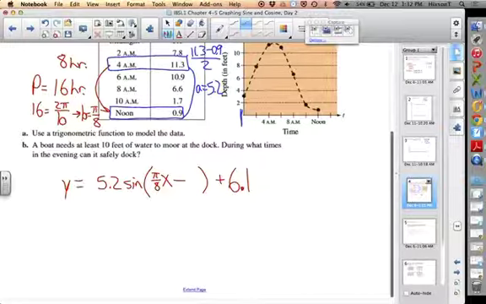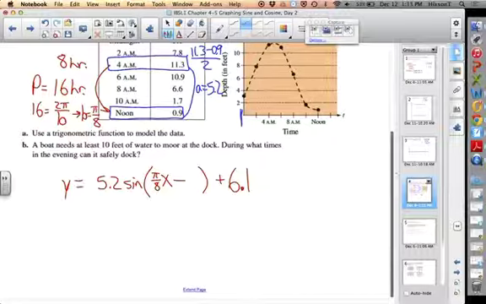The kind of challenging thing is to find this part right here. Okay? And you have to think again in terms of your period. If your period is 16 hours, because this was 8 and that's half the period, so it's 16 hours, alright? How far before 4 a.m. is our midline going to occur, the beginning of our period going to occur?